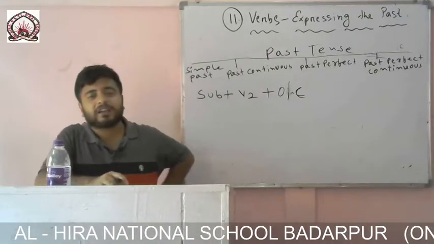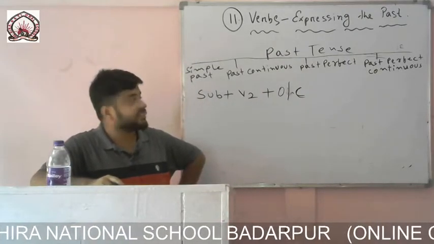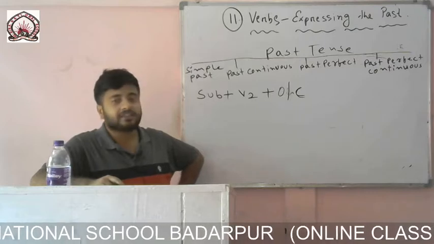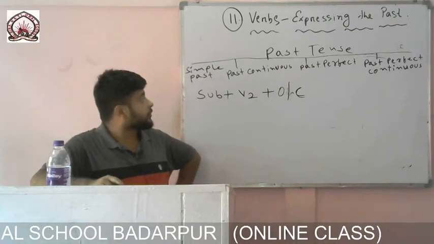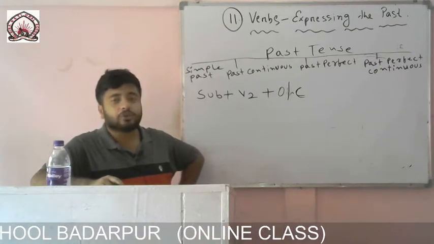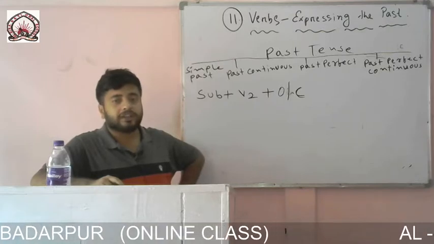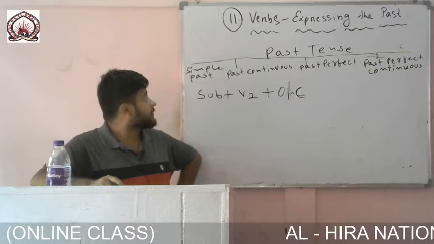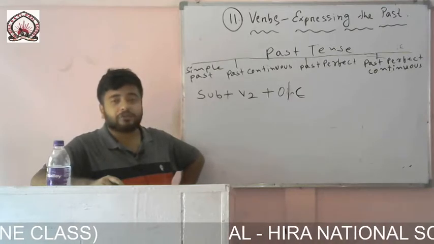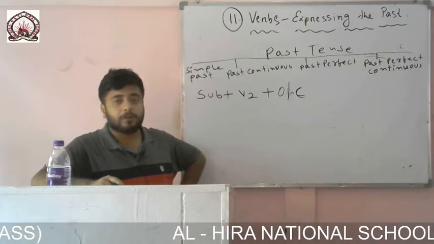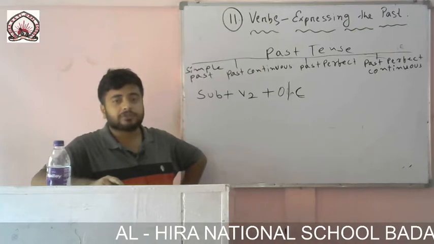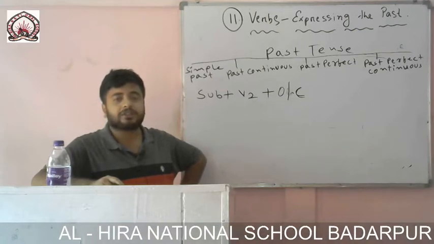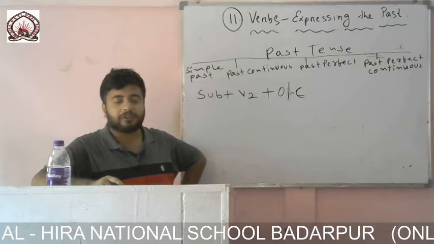In my previous class, I discussed present tense in detail. We got that present tense is divided into four parts: simple present, present continuous, present perfect and present perfect continuous.